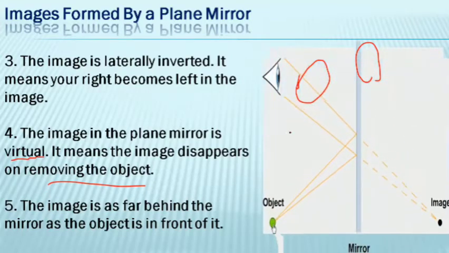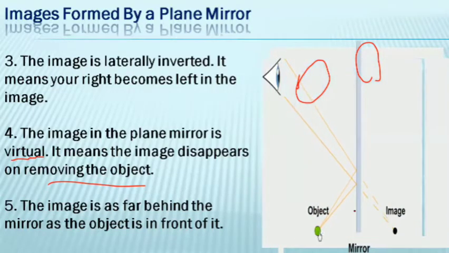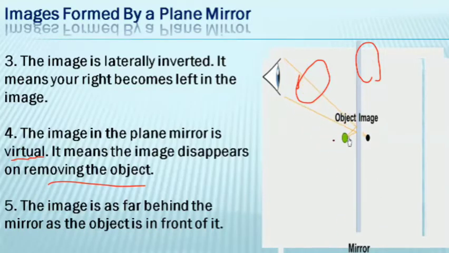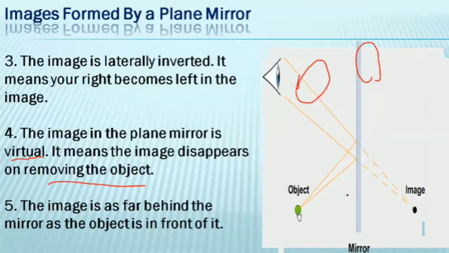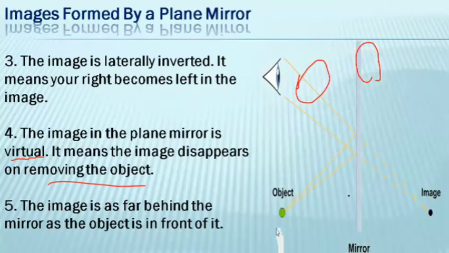When we move the object nearer to the mirror or farther back, you can see the distance of the image is the same as the distance of the object. Where the object goes, the image moves to that side. So the image is as far behind the mirror as the object is in front of the mirror.